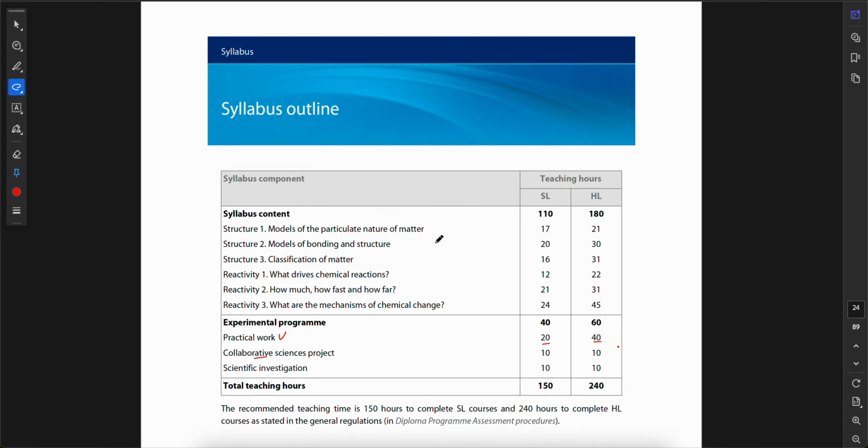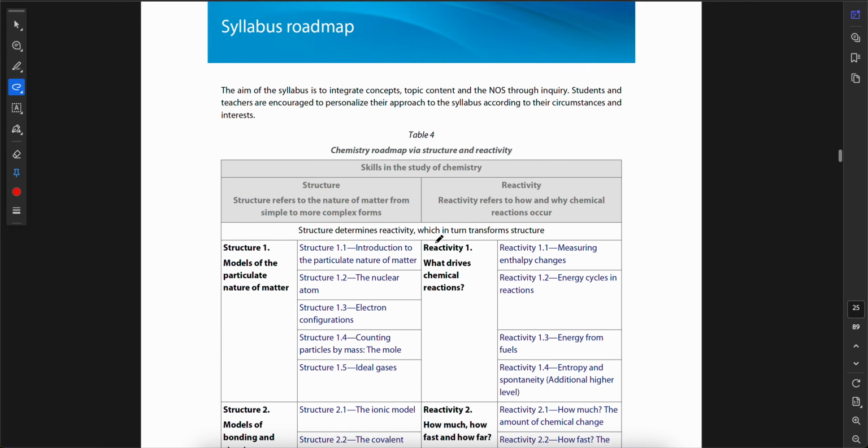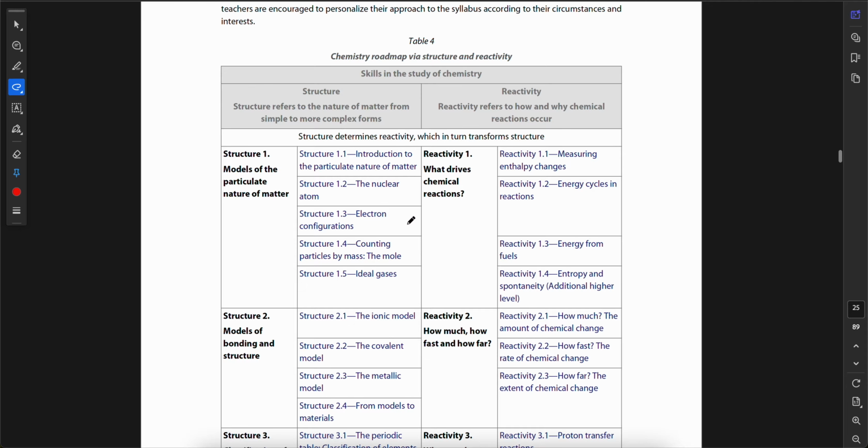But as you can see here, even for the topics after being divided, you can't really see the difference between standard level and higher level content. But it will be more clear at the subtopic level.